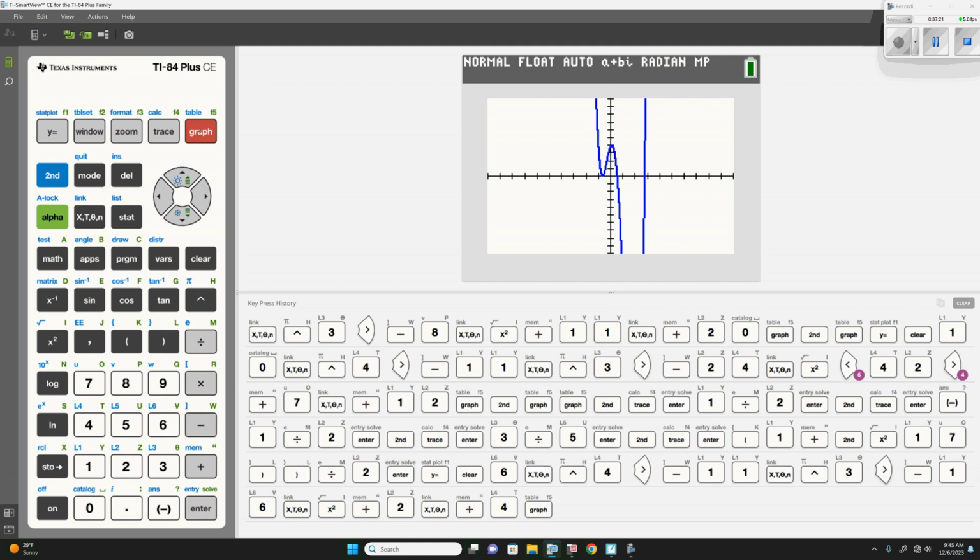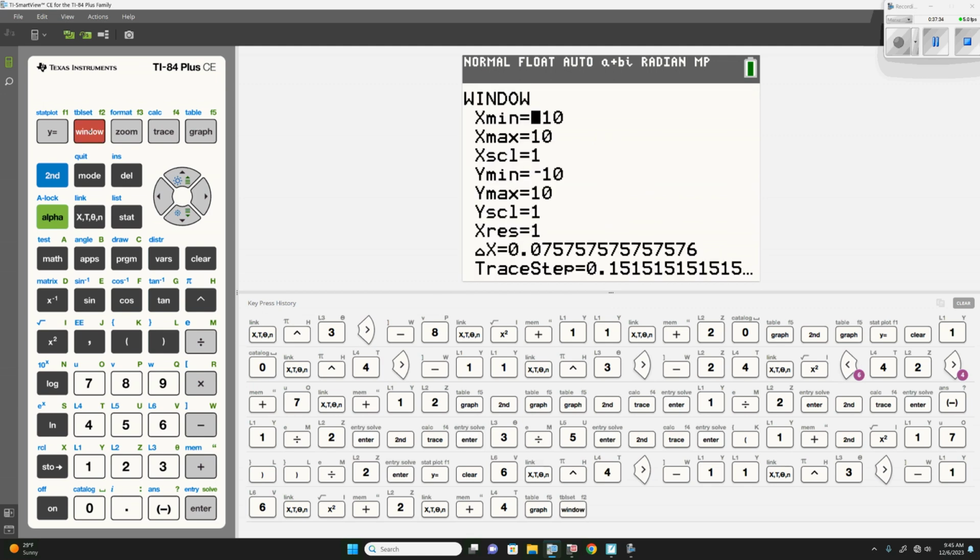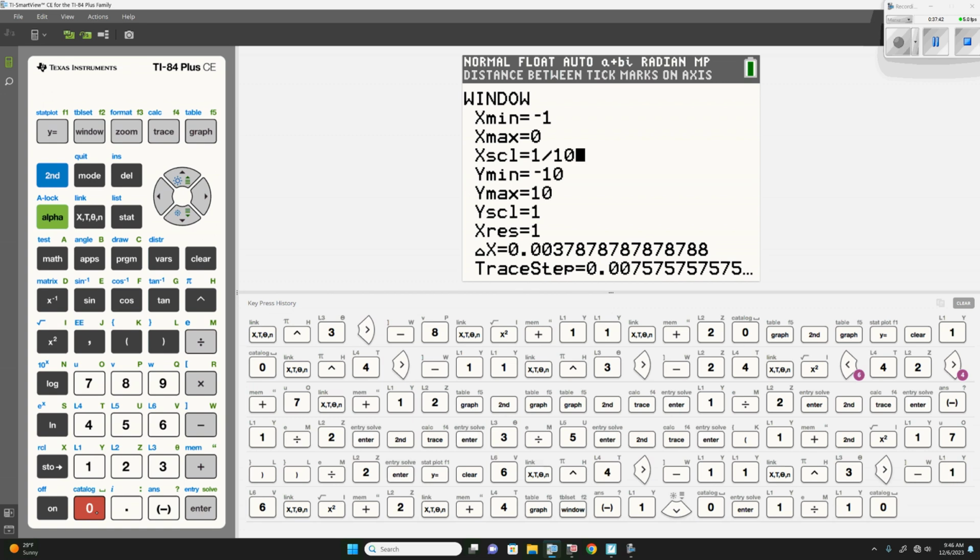So it crosses twice. Actually, I think it crosses 4 times, because if I remember this one from last year, that one little spot there does cross more than once. It's just kind of hard to see. Let's say negative 1 is 0, and it goes by 1/10.